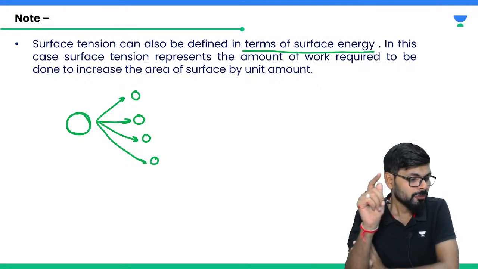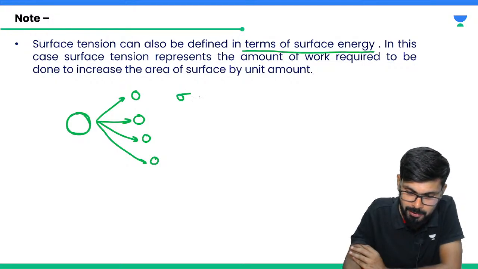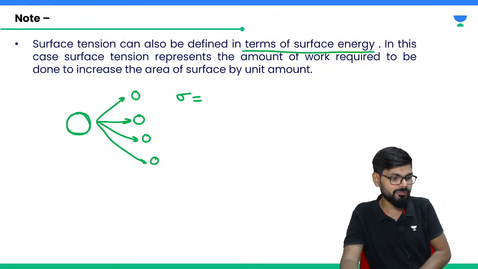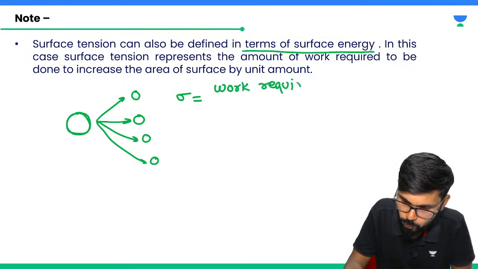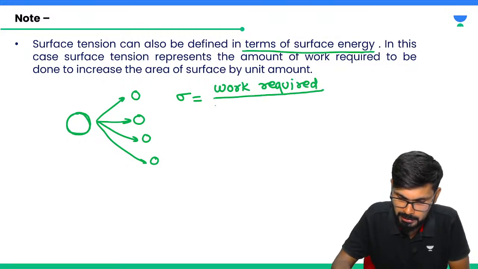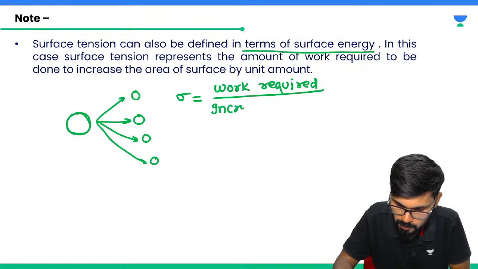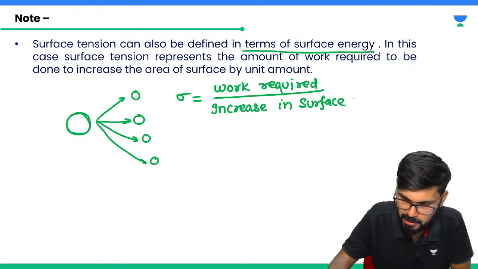So that's why we can define sigma like this also. Sigma can be defined in terms of surface energy, that is, the work required to increase the surface area.